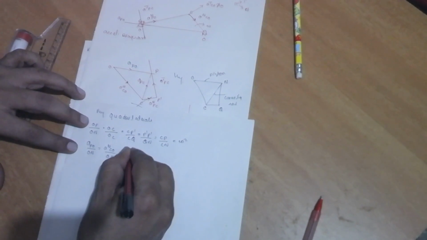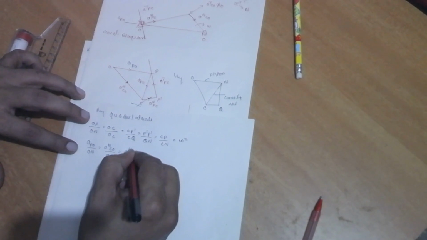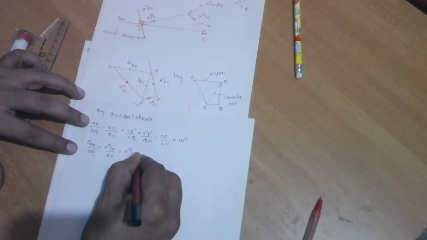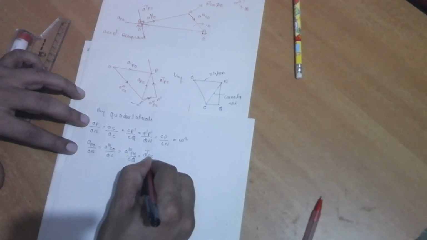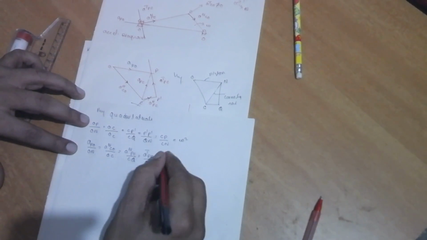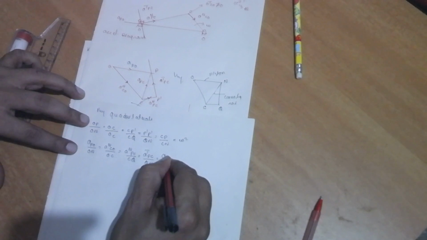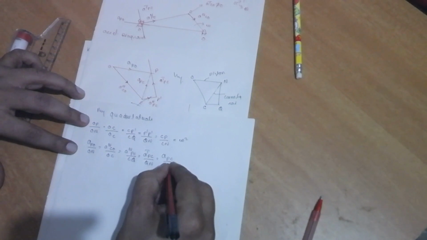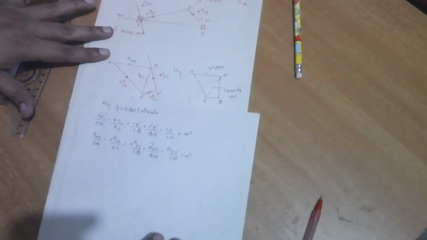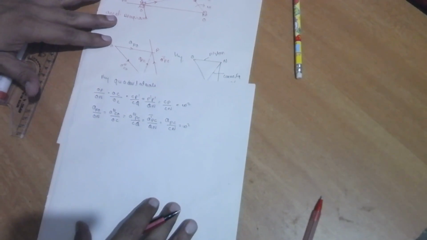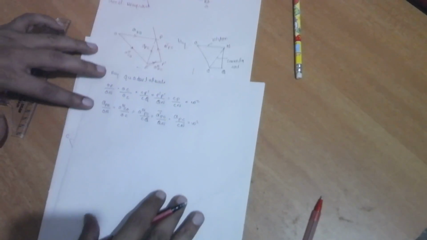CP dash, A N PC is nothing but CQ, PP dash, A T PC is nothing but QN, and CP or PC can be written as CN into omega square. If you write separately, you will arrive at these expressions.